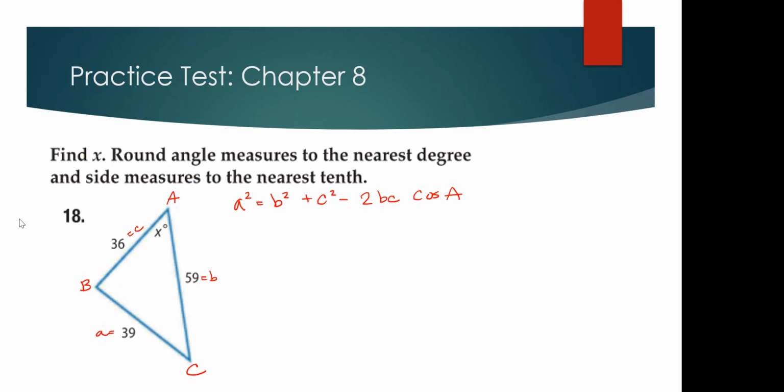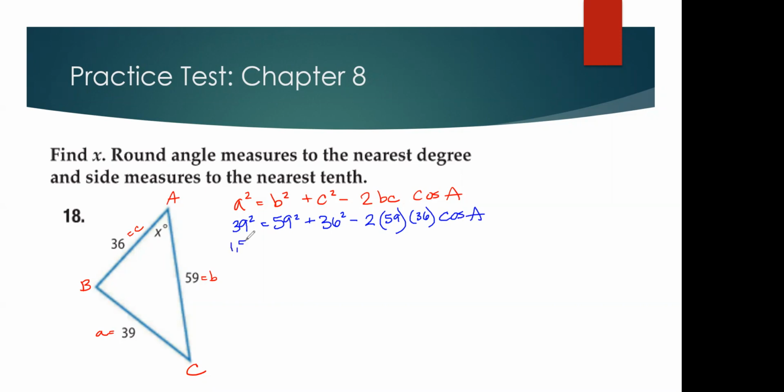So a is going to be 39 squared equals b, which is 59, we're going to square that, and then c, which is 36 squared, minus 2 times b, which is 59, times c, which is 36, times the cosine of A.